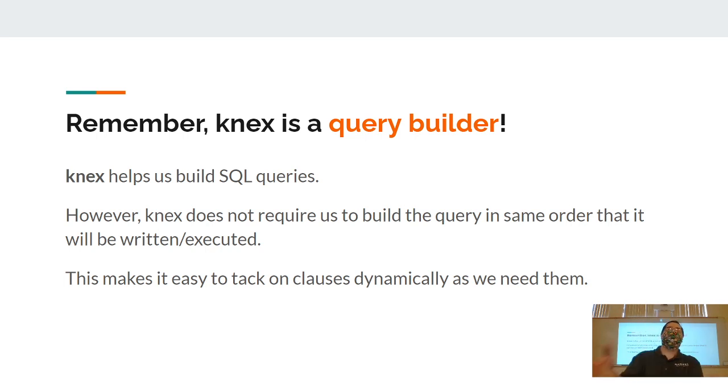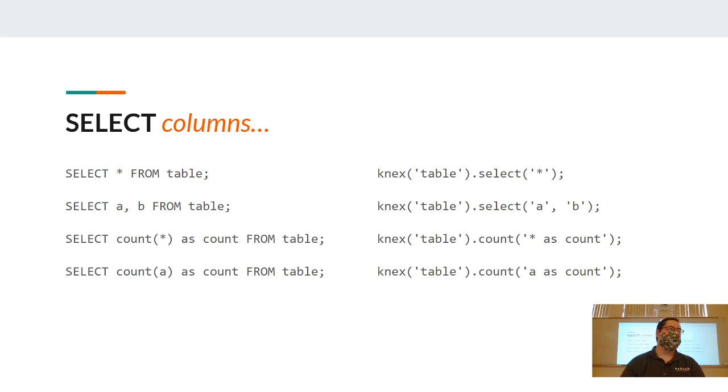But if they say they just want hats, well, then we can add in that query. Or maybe they have a drop-down that lets them order by different things, right? You can take a switch statement and say, if they pick this, order it by this, order it by this, which makes it a lot easier to tack on that order by clause. Okay, so keep that in mind, right? That means that we can build it more dynamically.